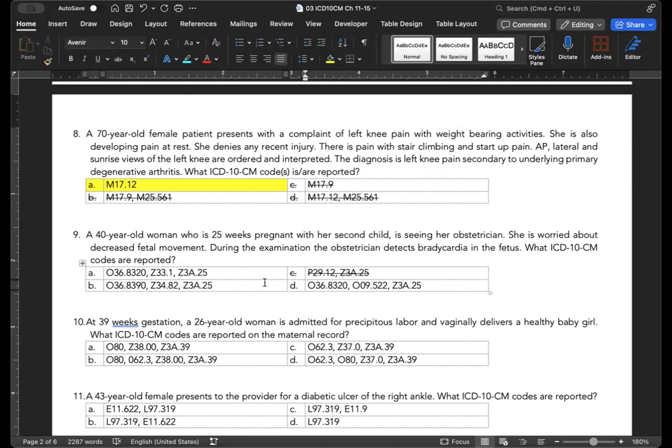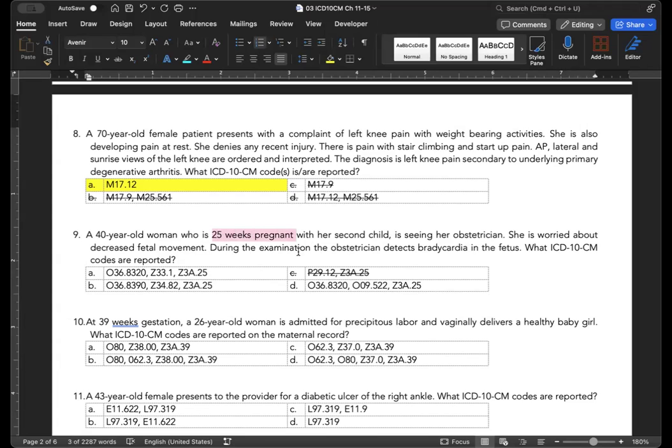So are they telling us what trimester we're in? Any thoughts? Do we know what trimester they're in? Yes, the 25 weeks. Even though they're not telling us specifically second trimester, because we have our 25 weeks, we can figure out our trimesters.